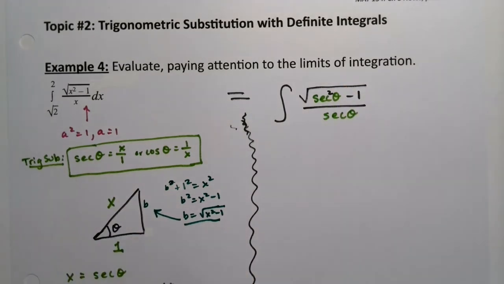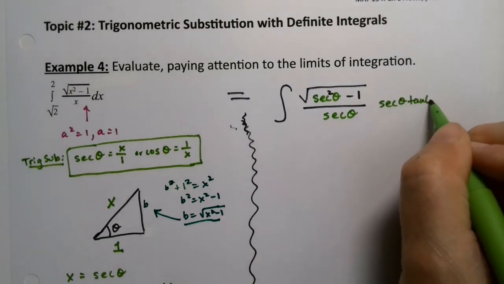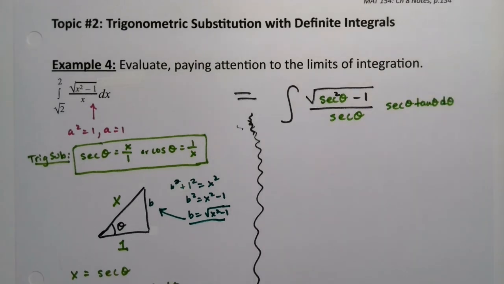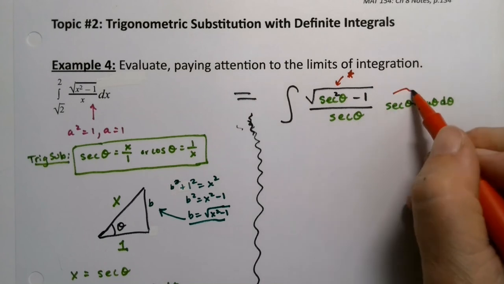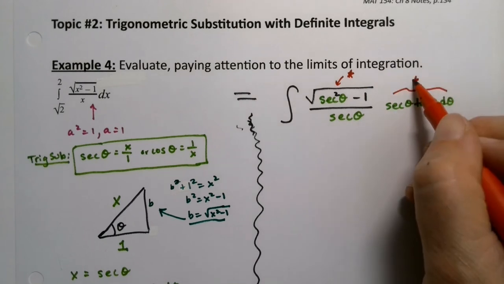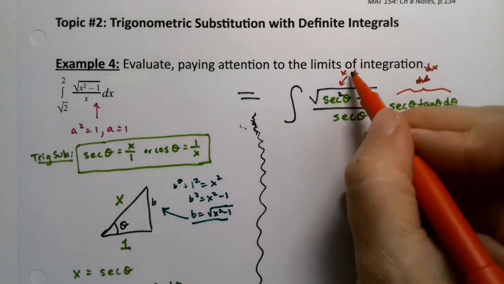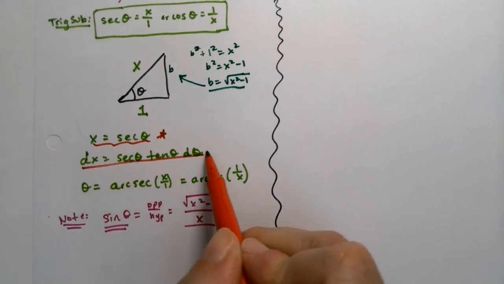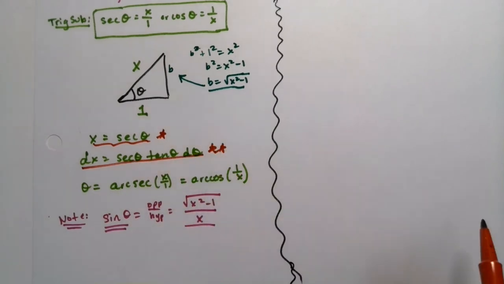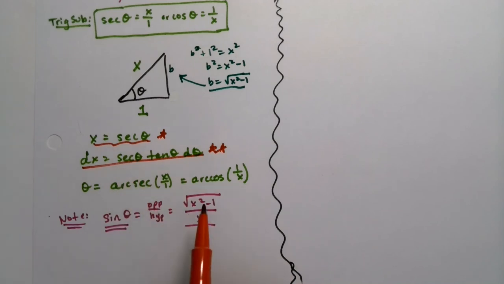And then dx is secant theta tangent theta, so that's secant theta tangent theta d theta. Right here, I'm using that substitution. Right here, I'm using my second substitution, right? So this is dx and this is x. And if I look at my substitutions, that's the single star, there's the double star that I keep using, those two. But again, you could have avoided all of this with this one. I'll show you. It'll show up.